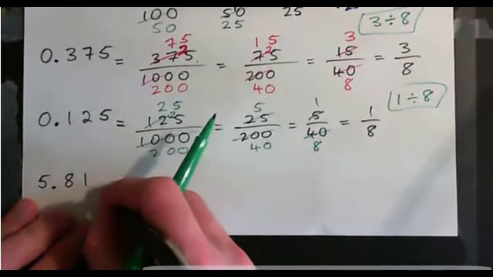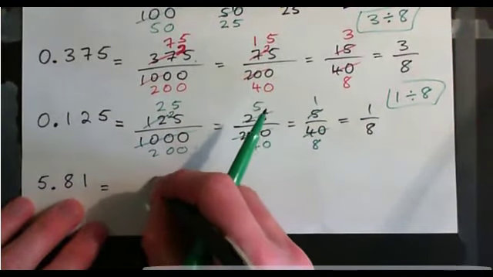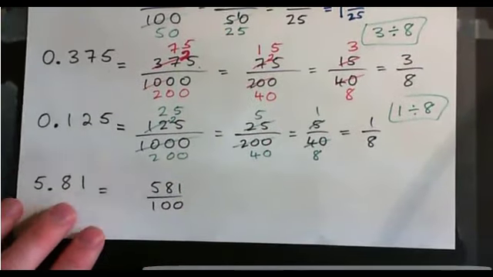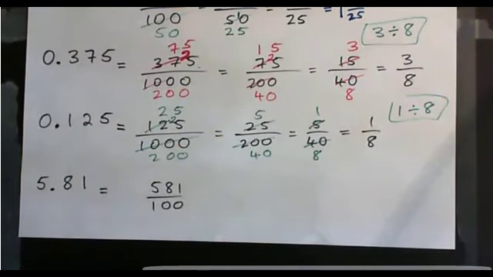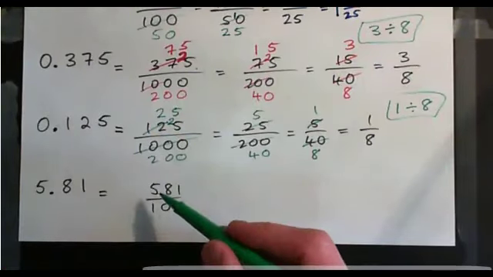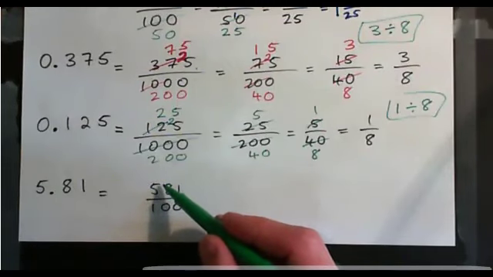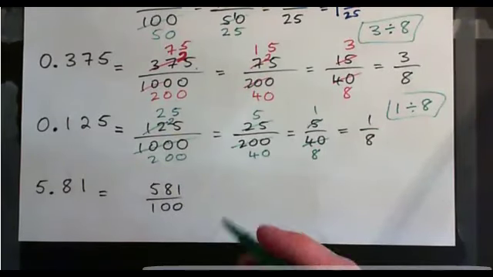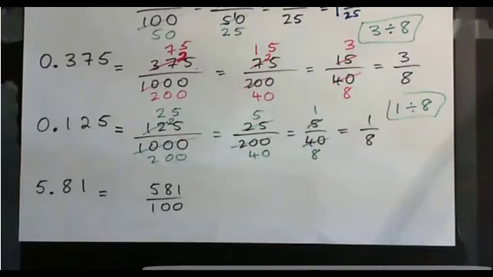Now 5.81 is $5.81 or 581 cents, hundredths. Okay, and can I even see anything that goes into that? I wonder, probably not. Does 3 go in even? No, doesn't work. Well, 3 doesn't go into 100 anyway. So 4, 5.